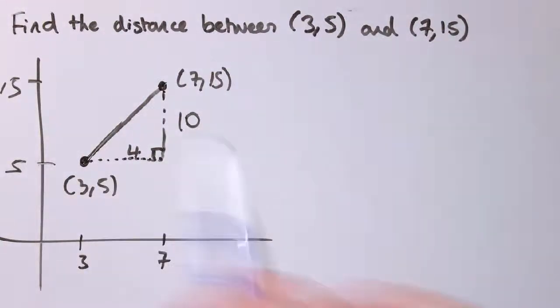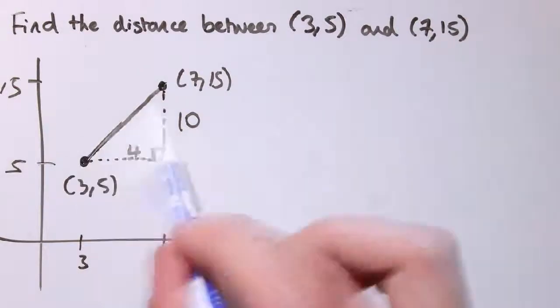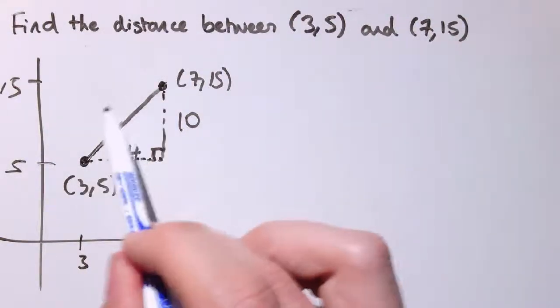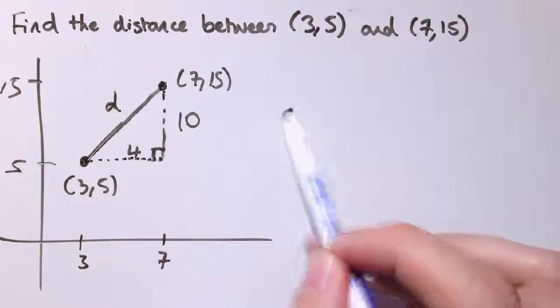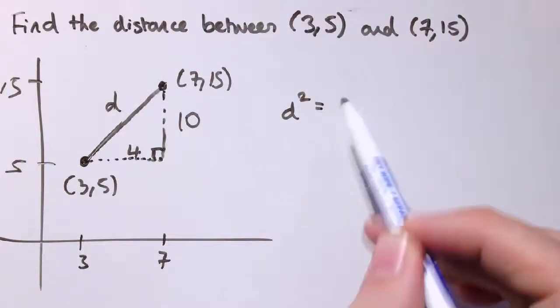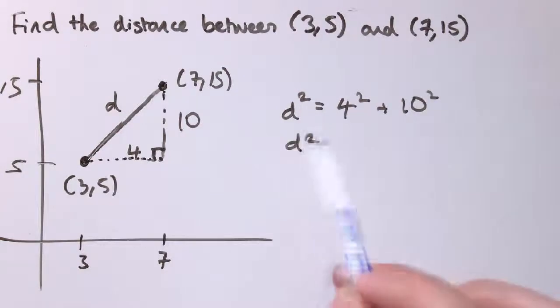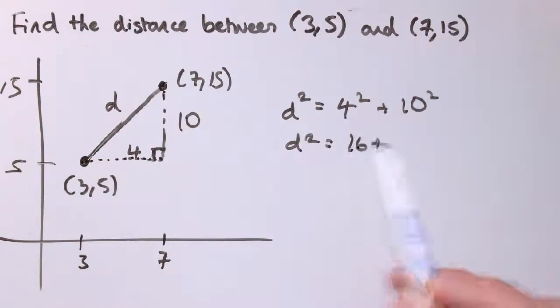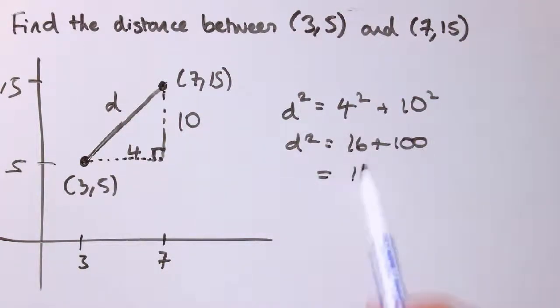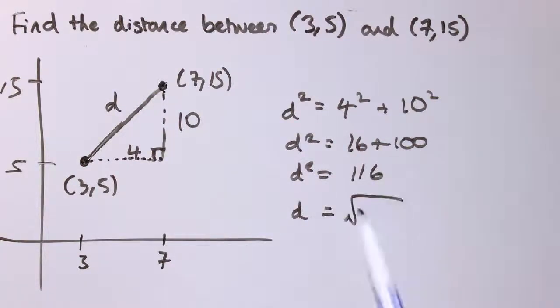By Pythagoras, let's call this distance d for distance, d squared would be 4 squared plus 10 squared, so d squared is 16 plus 100, or 116, so d is the square root of 116.